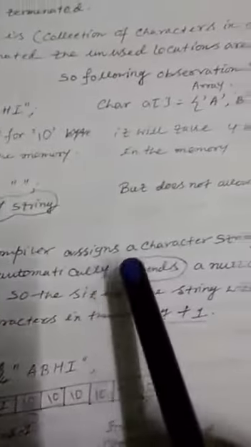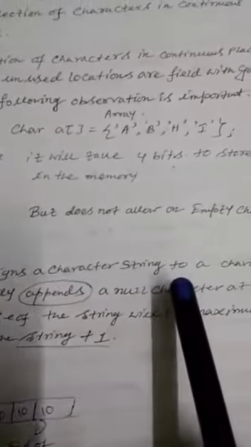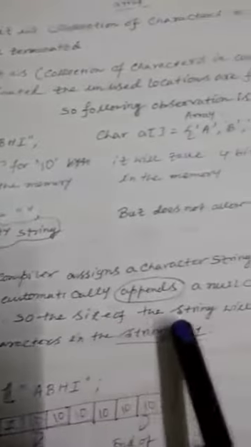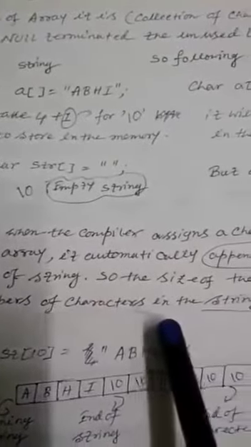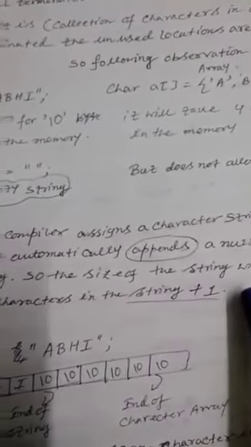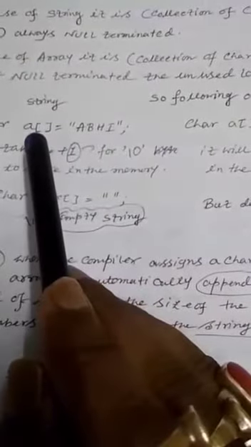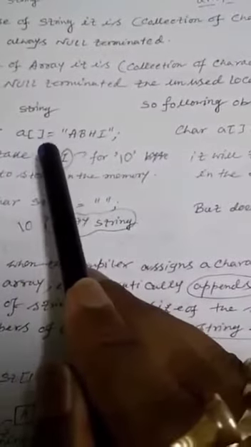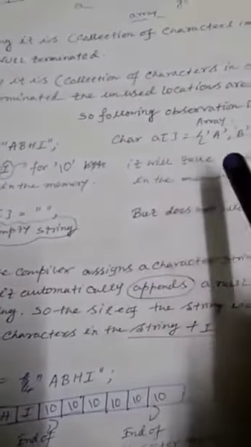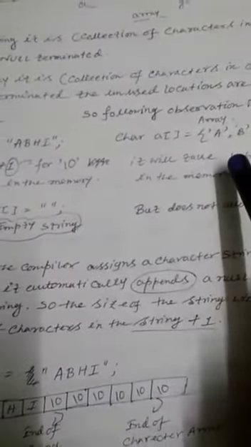When the compiler assigns a string to a character array, it automatically appends a null character at the end of the string. So the size will be the maximum number of characters in the string plus 1. If there are 4 characters in the string and we assign it into the character array, it will automatically take size 5. That is the important issue.